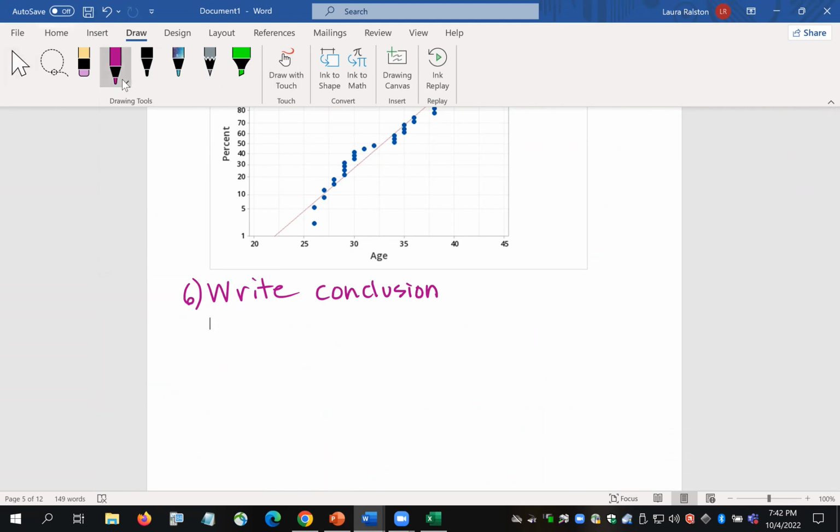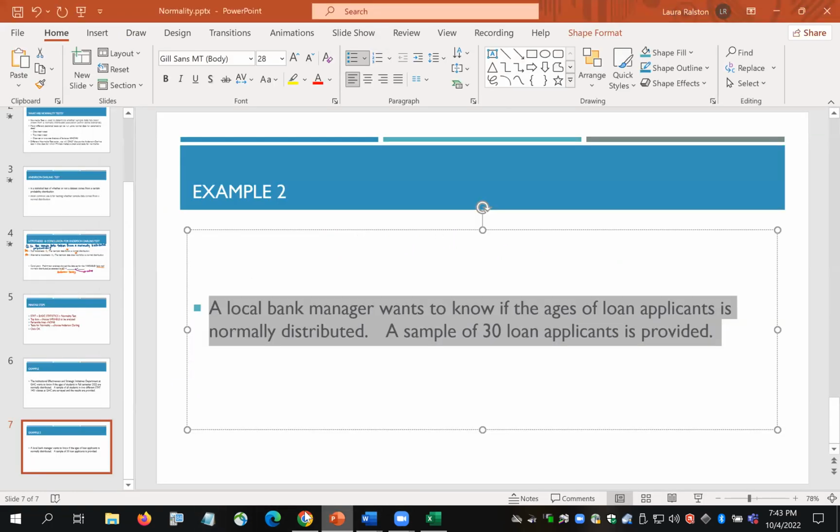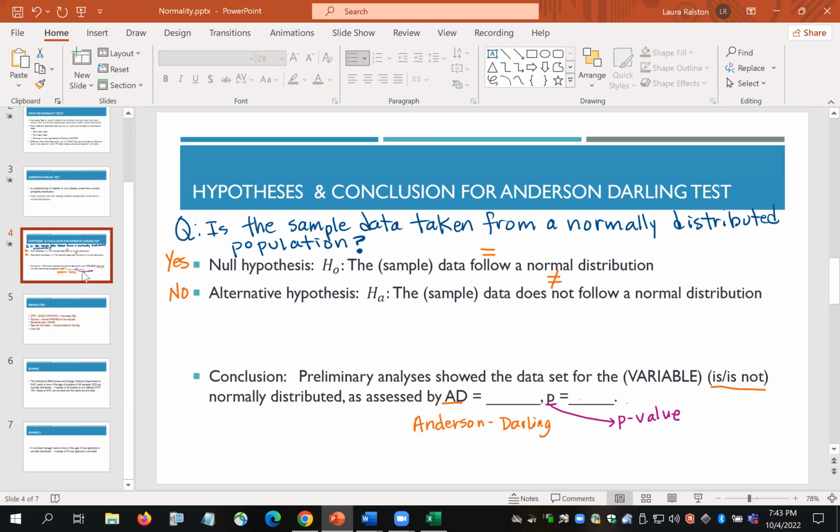Okay, so our conclusion would read: Preliminary analysis of, make sure I say it right, I don't want to get it wrong, of, or show the data set, sorry.